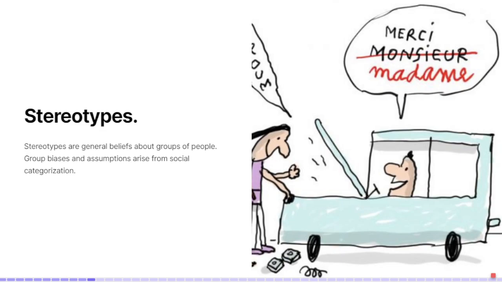For stereotypes, these are generalized beliefs about particular groups of people. They emerge from social categorization. They can also lead to biases in assumptions based, for example, on what should be your rank in a certain group.